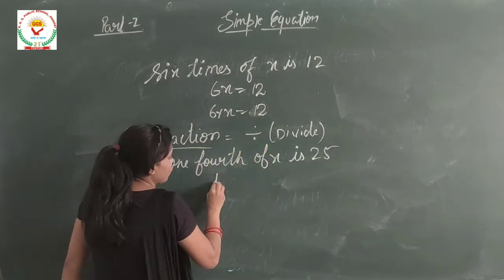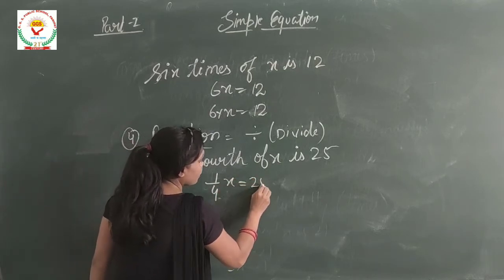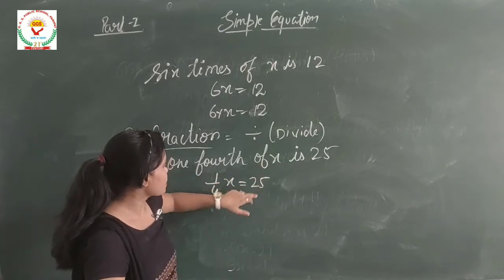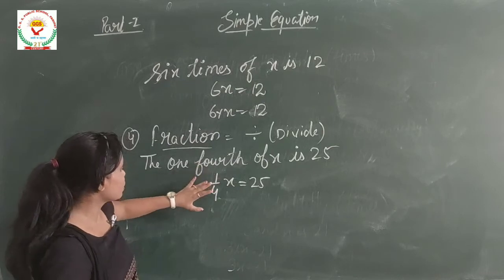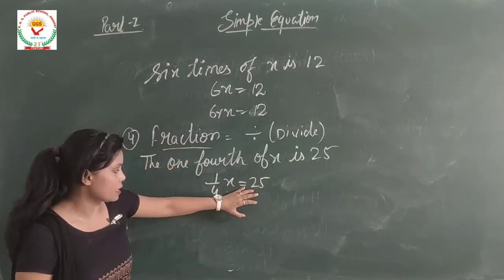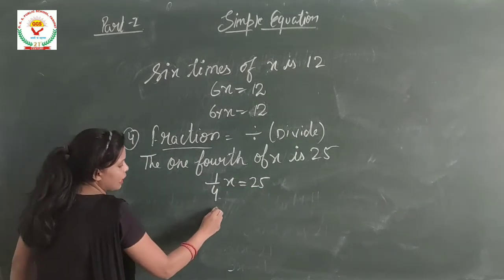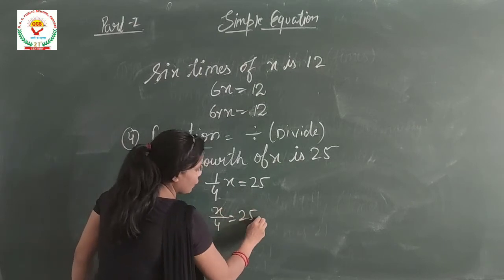That means here "of" is representing multiplication. 1/4 is 1/4, "is" is equal to, and 25 is 25. It can also be written as x divided by 4 is equal to 25.